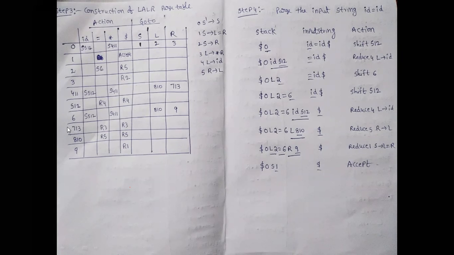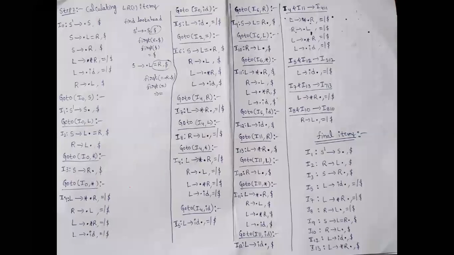Then we are applying goto on I0 comma star. First we are applying goto of I0 comma star. So what are we getting? Here goto of I0 comma star, we are getting I4, but the I4 state is combined with I11, so the new state is I411.